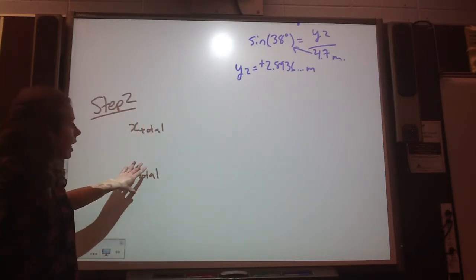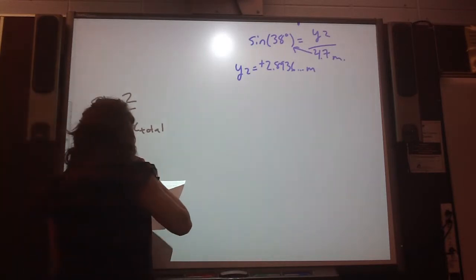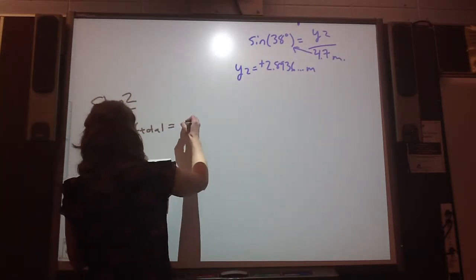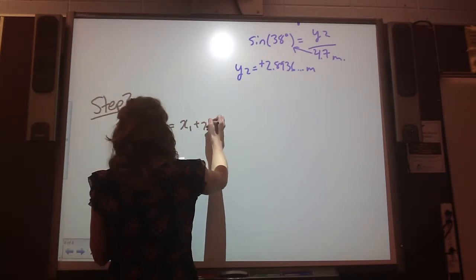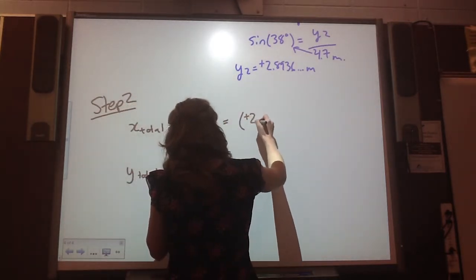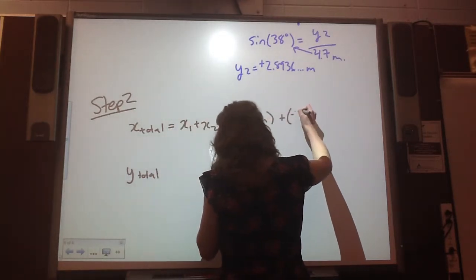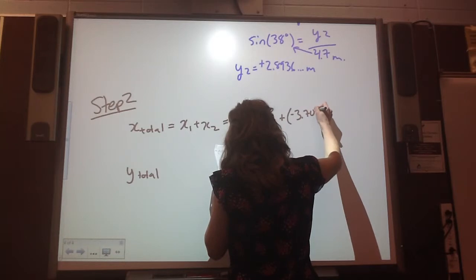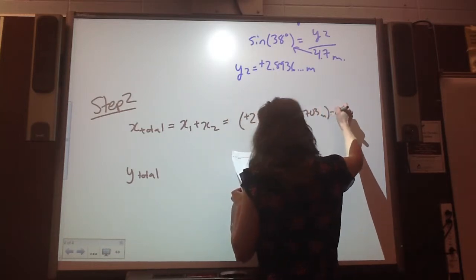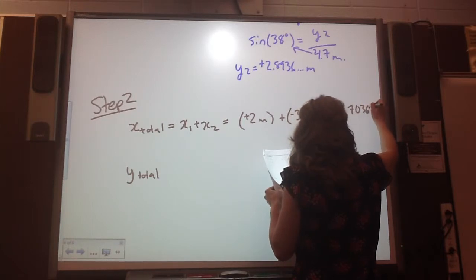And then I look at everything I did north or south and I add it all up. So x total is x1 plus x2. That's equal to positive 2 meters plus negative 3.703 meters. This is equal to negative 1.70365 meters.